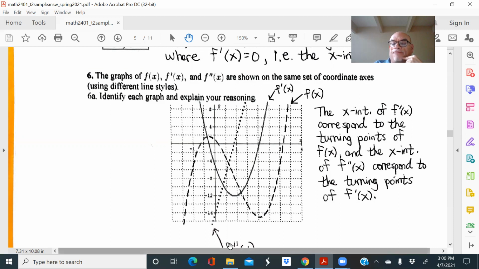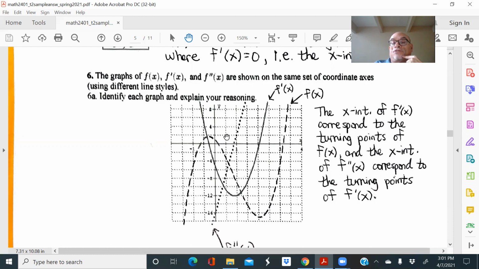Now, how do I know that the dotted curve here is f double prime? Well, remember, f double prime is the derivative of f prime. The second derivative is the derivative of the first derivative. So the first derivative has a valley turning point right about here, correct? And notice that matches up perfectly with the x-intercept for the dotted curve.